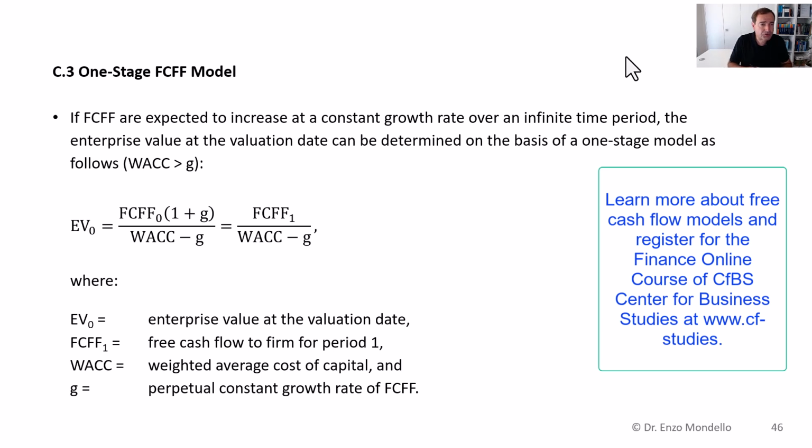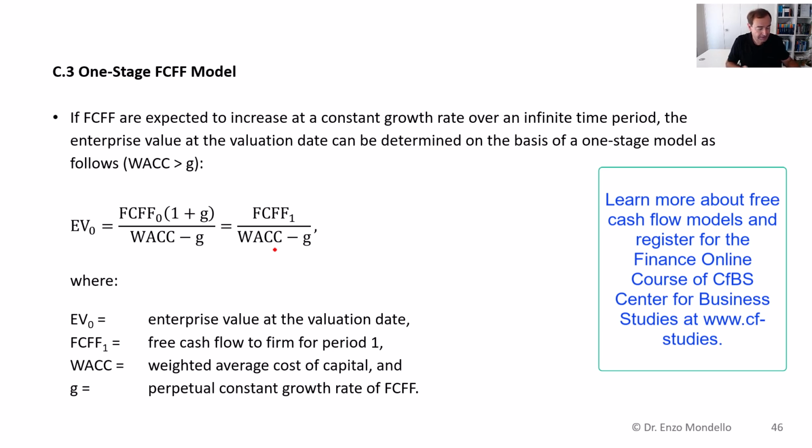With the one-stage model, we take the free cash flows to firm just for the period ended, and multiply that by 1 plus the growth rate of the free cash flows to firm, and that's divided by the weighted average cost of capital, the expected return of the capital holders, including debt and equity holders, minus the growth rate of the free cash flows to firm. Alternatively, we can take the free cash flows to firm in the next period and divide that by the weighted average cost of capital minus the growth rate.